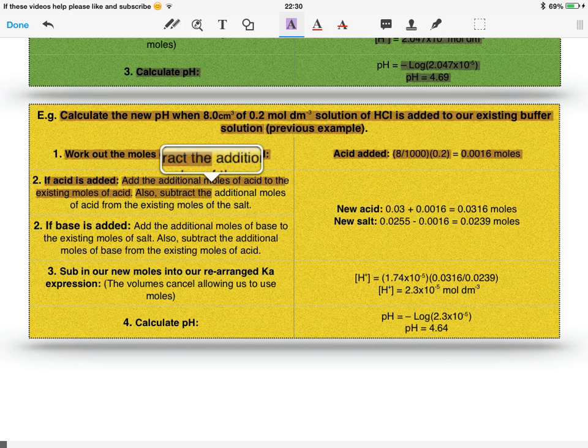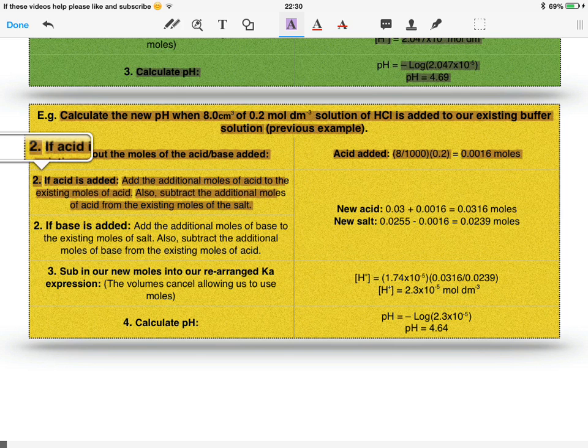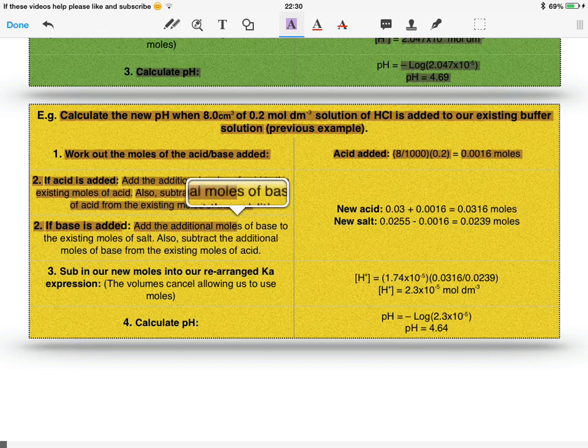Also, we subtract the additional moles of acid from the existing moles of the salt. However, if base is added, as you can see, I've got two step 2s here because it's one or the other. If base is added, we add the additional moles of the base to the existing moles of the salt, and then we subtract this same additional moles of base from the existing moles of acid. This will make sense now if you look at the example.